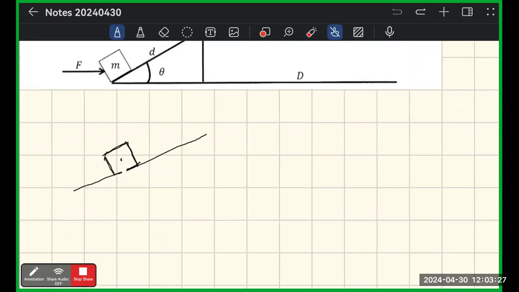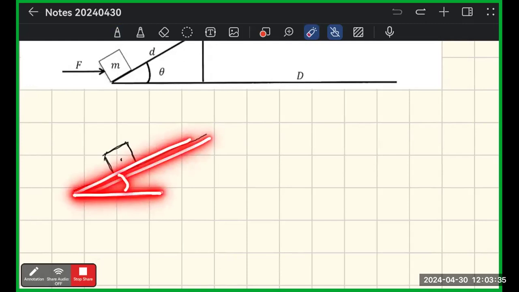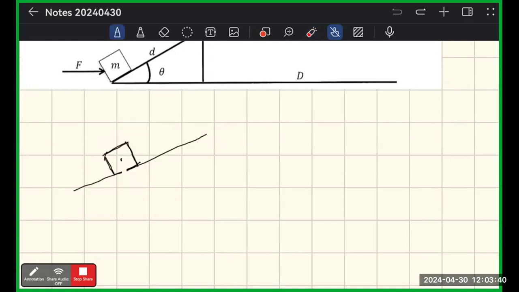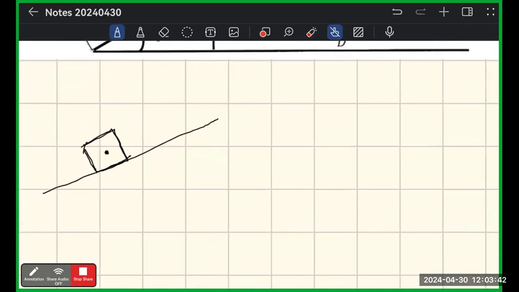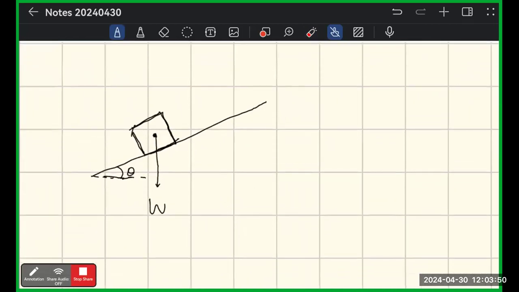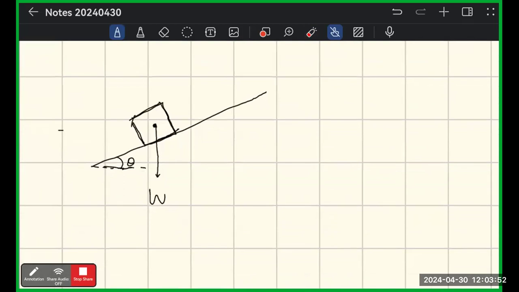As I told you earlier, create an angle not close to 45 degrees, because this is a small angle, right? If you draw the angle like this, it will be very hard for you. So you have this weight, and this is theta, so obviously the small angle is theta, and then you have this force pointing this way.